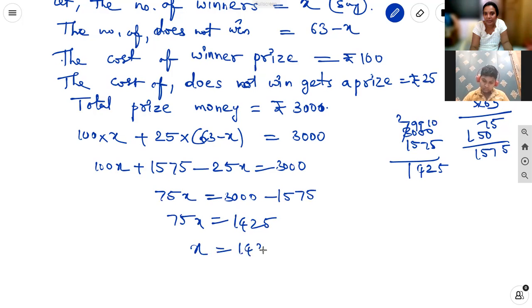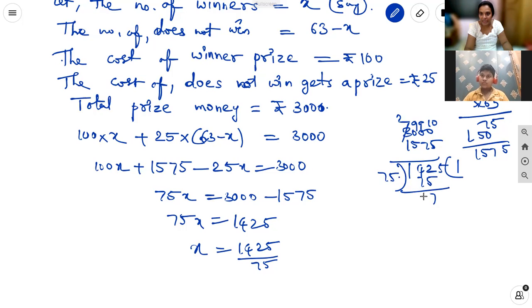x equals 1,425 by 75. It is divided by 75. 75 ones are 75. Here 12 minus 5, 7. Here 13 minus 7, 6. 675.